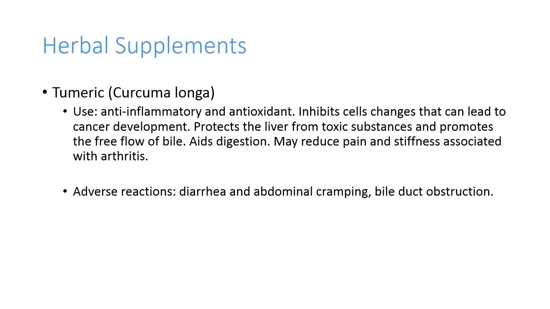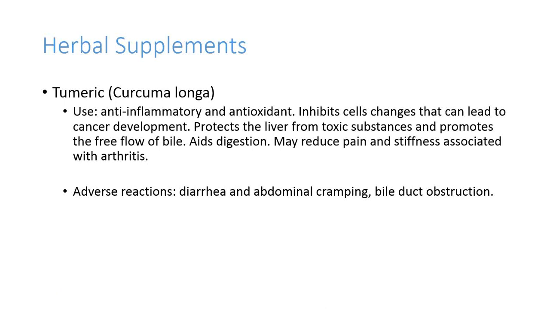Turmeric has a lot of compounds out there, anti-arthritic compounds. It is anti-inflammatory, antioxidant, supposed to also slow cancer development, protects the liver from toxins, increases the flow of bile, aids in digestion. Used to treat arthritis. Curcumin, which is the agent in turmeric, is used to treat arthritis in dogs.